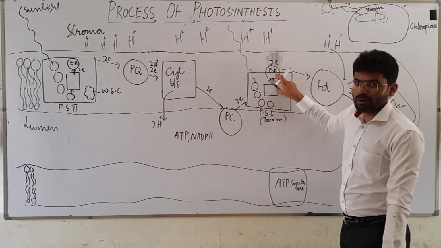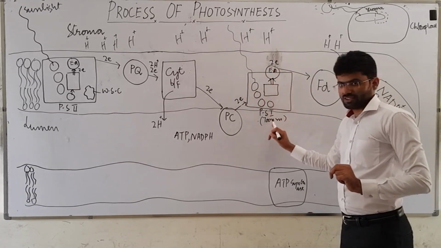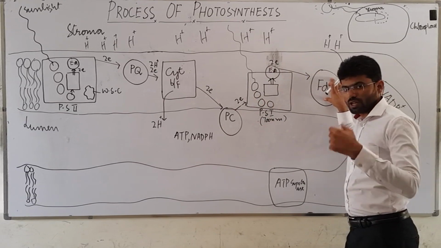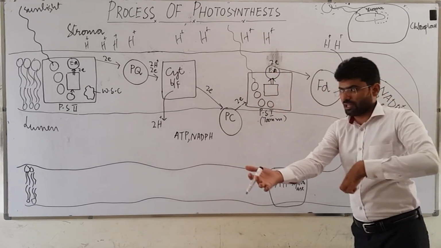So the electron acceptor will also accept the two excited electrons of PS1. Now the ferredoxin molecule will come to this electron acceptor molecule to receive the electrons.